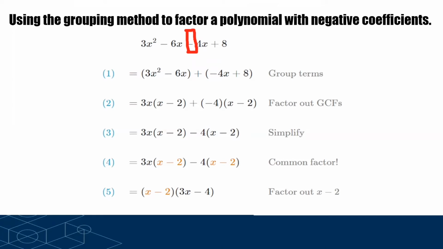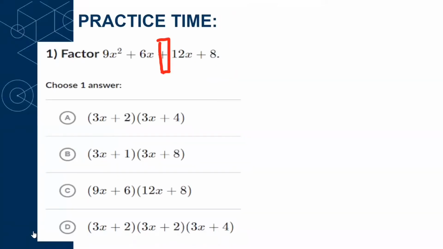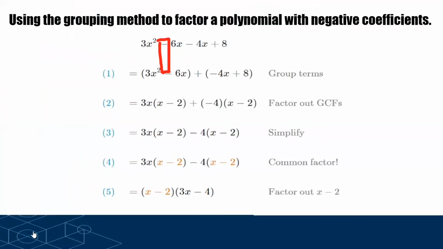In the problem that you just worked with, this problem had this positive sign in here, whereas this one has the negative sign in there. Your third coefficient in the previous problem had a positive sign, and now the third coefficient has a negative sign, right?